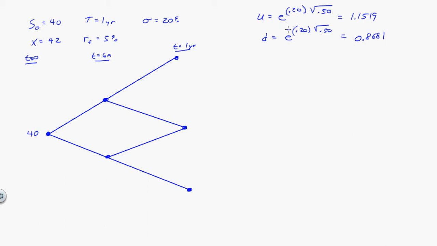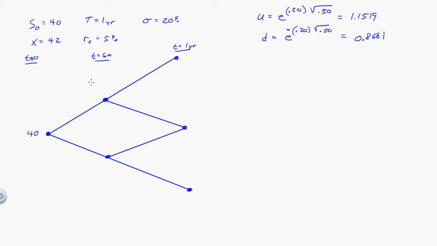This number would be bigger, this number would be smaller. So the up jump would be greater, the down jump would be greater if the volatility was higher and if the time step was higher. So the volatile stock over a longer period of time has a greater chance of moving up further or down further. And once again, this volatility number is a tough one to figure out. It's not given to me, I can't observe it.